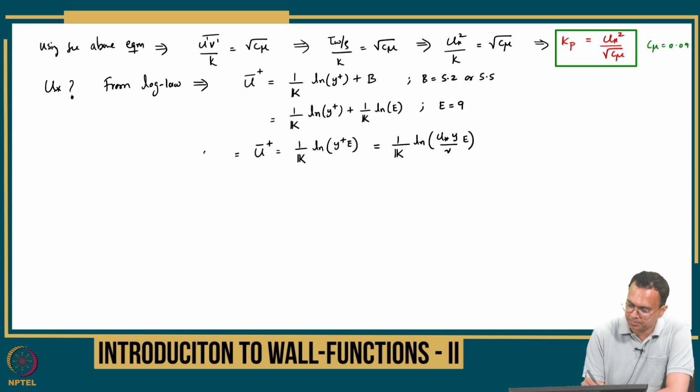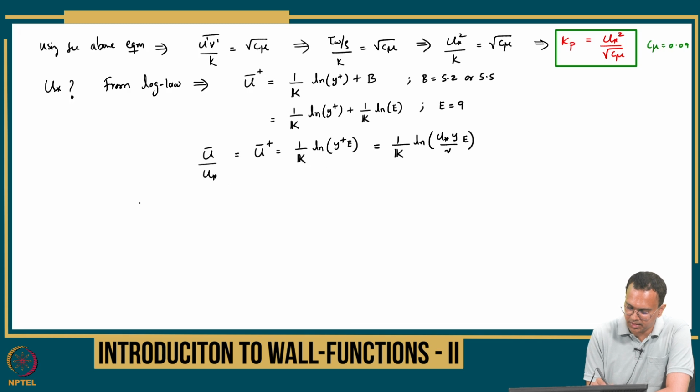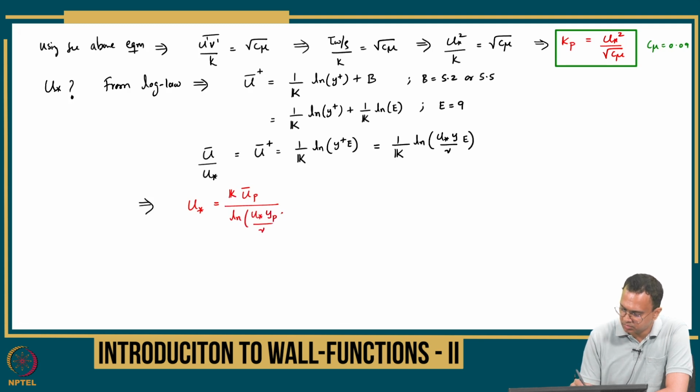This is nothing but u bar divided by u star. It's a non-dimensional quantity, right? So I need u bar p value. You can compute that. So this implies the u star you can get using u bar at the p node, of course the kappa also comes, divided by the logarithmic of u star yp by nu e.